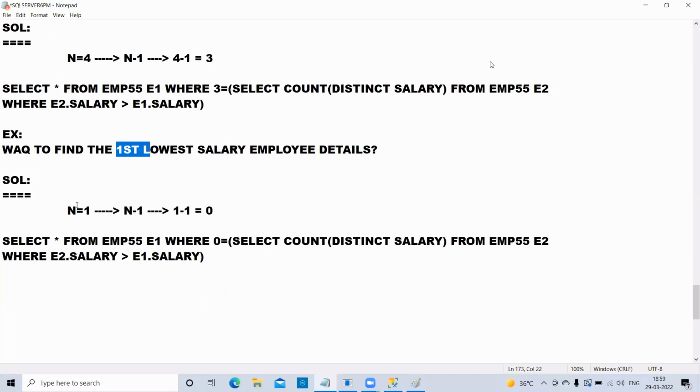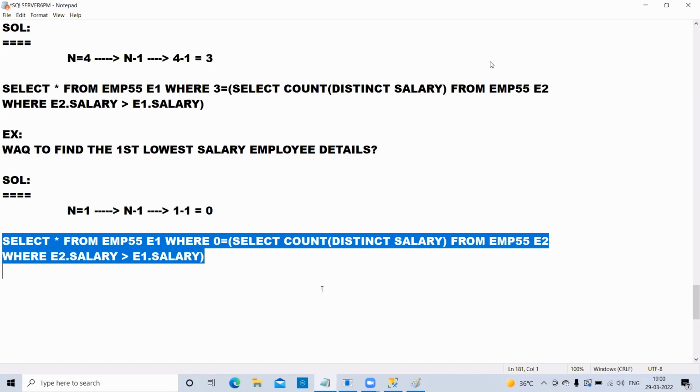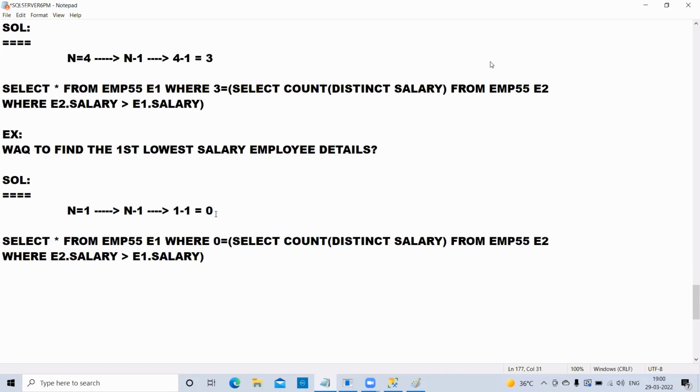Again, first lowest means n is equal to 1 only. Yes or no, guys? Come on. So here n minus 1, again 1 minus 1 equals 0, and the 0 is what I gave.